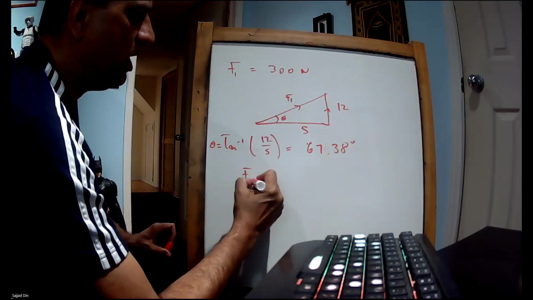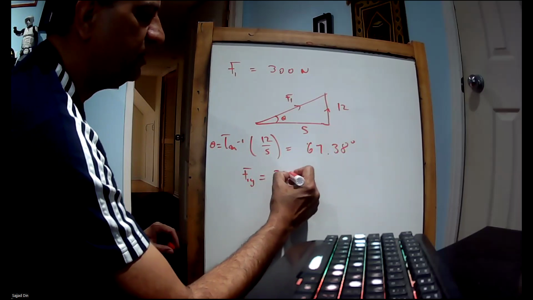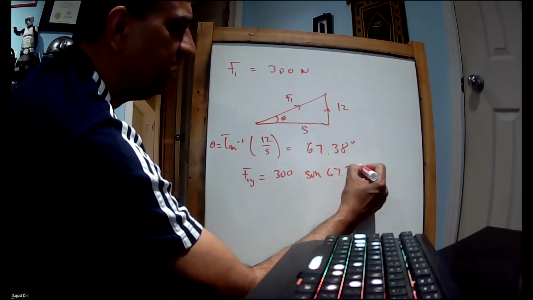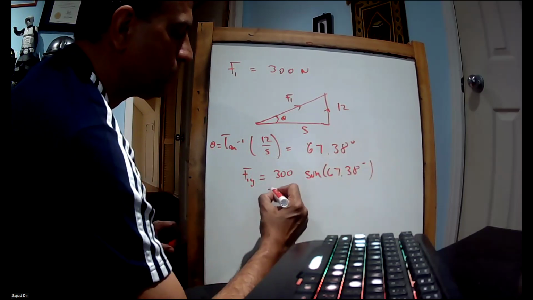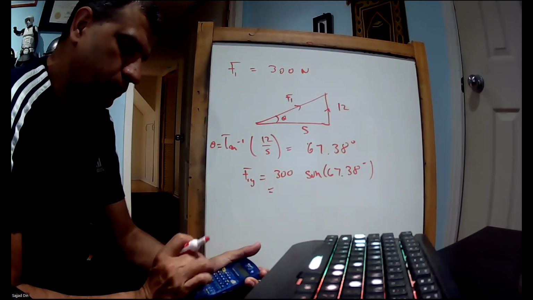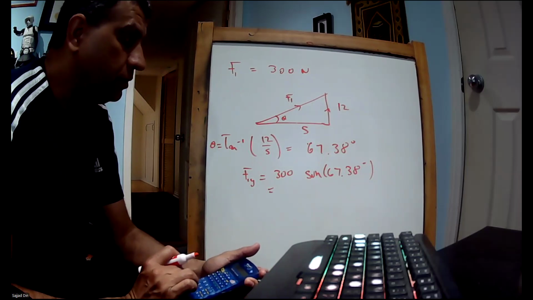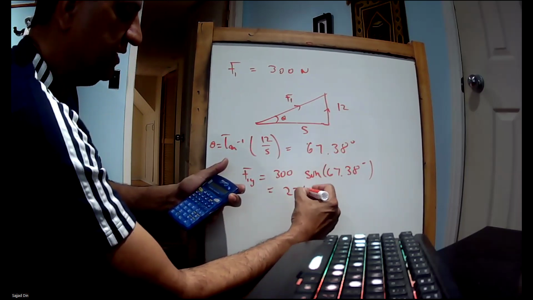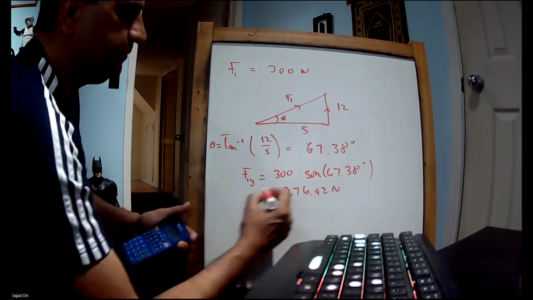So F1y is equal to 300 times sine 67.38 degrees. What is that equal to? 276.92 newtons.